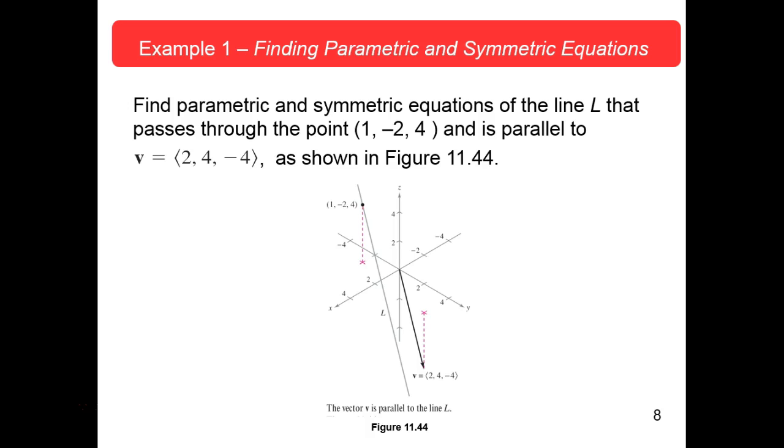Parallel to this vector here, which is 2, 4, minus 4. So there is the vector written in standard position, vector v, 2, 4, negative 4.